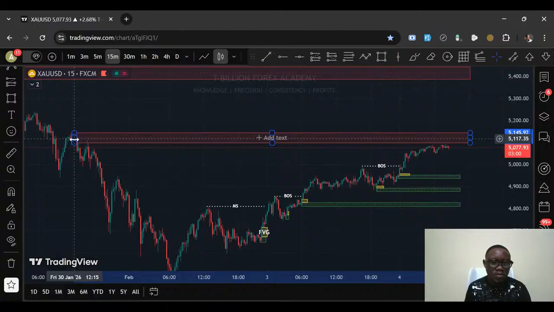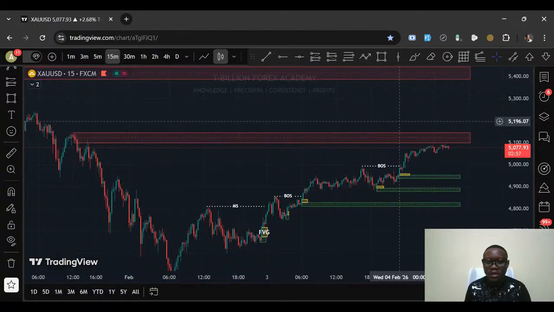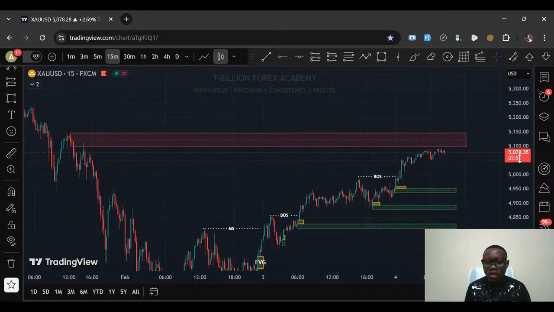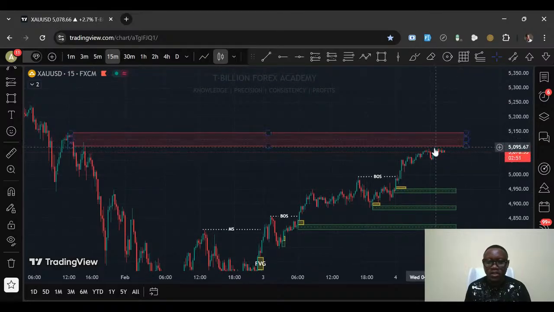So these are just mere supply zones, which price is currently reacting on.